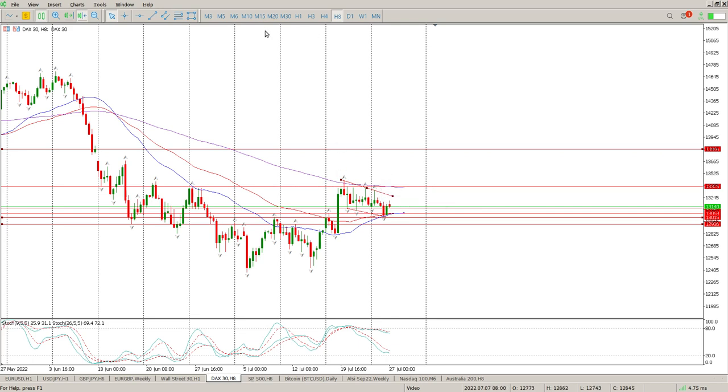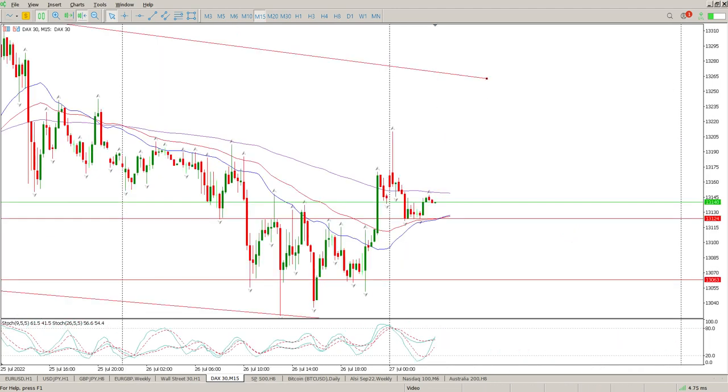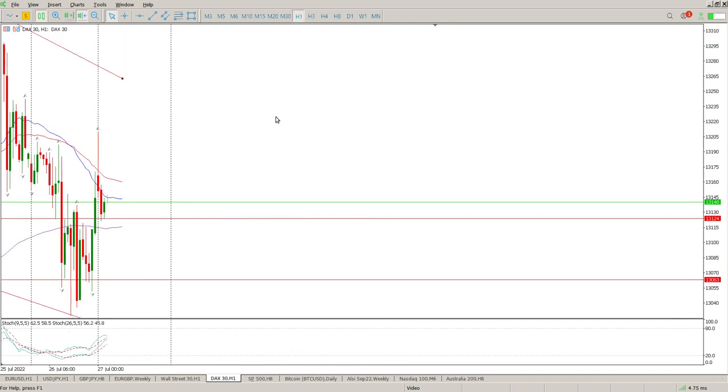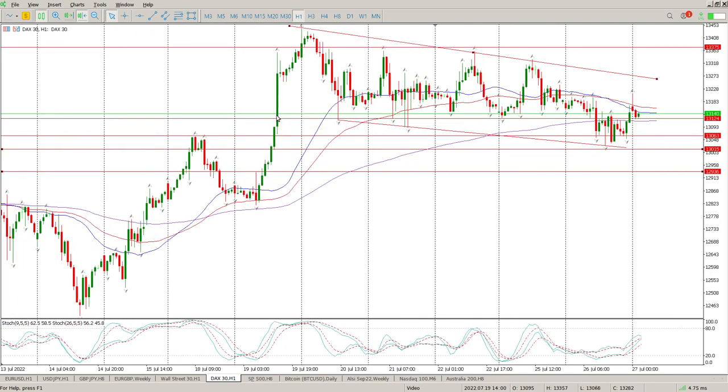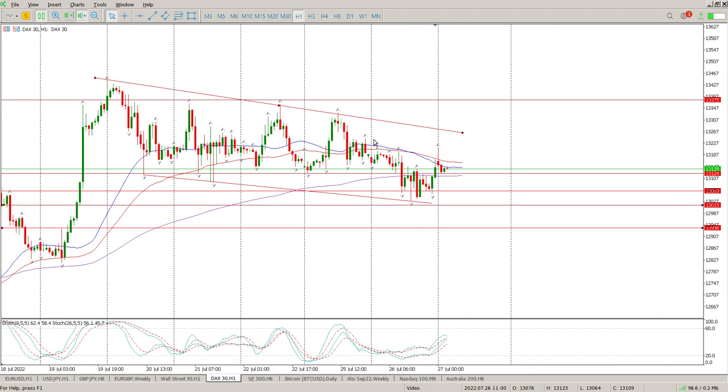At the moment, I won't say confusing, but it's swinging wildly up and down. You've got algorithms that are trading this at the moment, and this is very typical of a rounding bottom. Very typical of a major trend reversal or an attempt at a trend reversal. It's not necessarily that it is a trend reversal just yet, but it is typical price action.